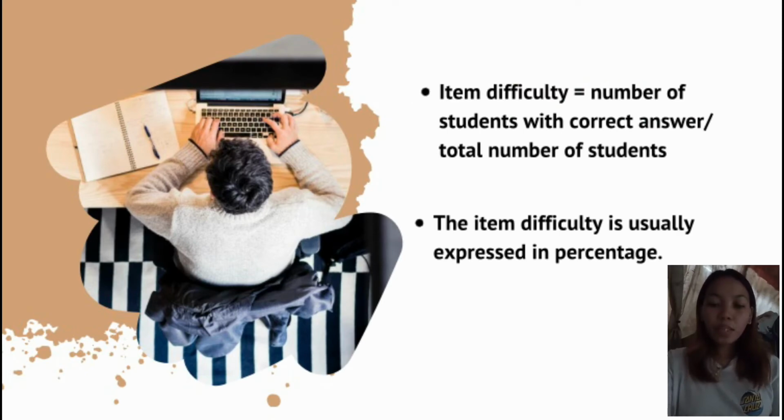Item difficulty, or the difficulty of an item, is defined as the number of students with the correct answer over the number of students. The item's difficulty is usually expressed in percentage. Example, what is the item's difficulty if 25 students are unable to answer it correctly while 75 answered it correctly?